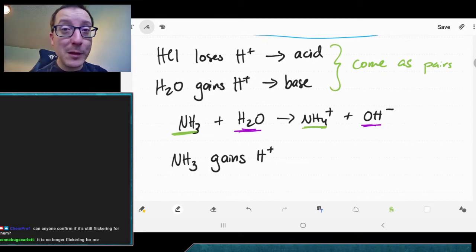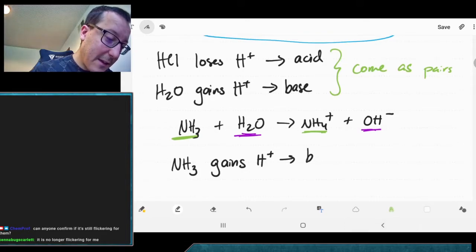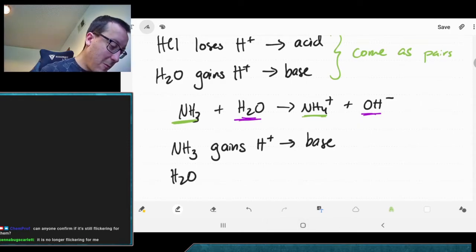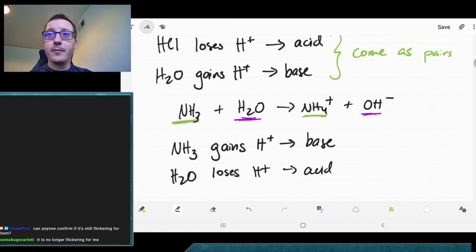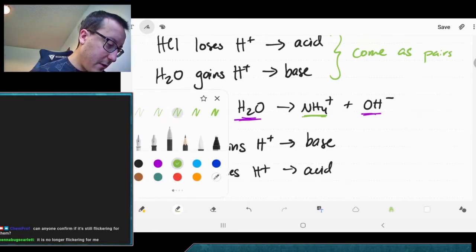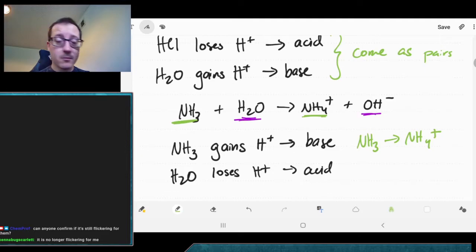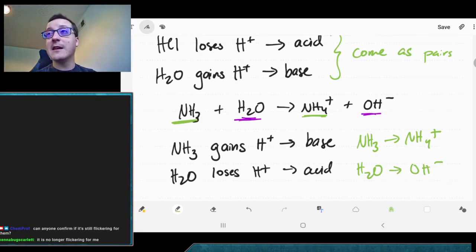It's now NH4 plus, so it has taken in an extra proton. That means it's the base. And we see that water has lost H plus, and therefore it's the acid. Just to confirm, NH3 turned into NH4 plus, gaining a proton, and H2O has lost a proton. It has lost H plus.